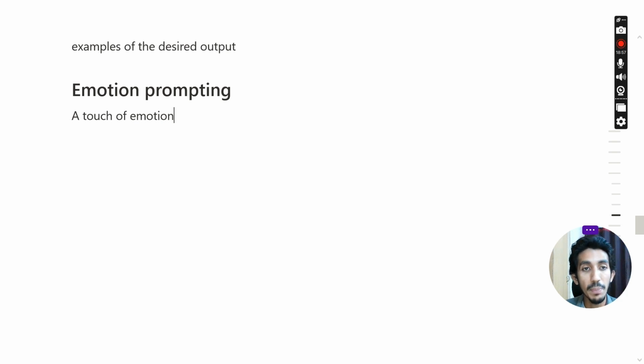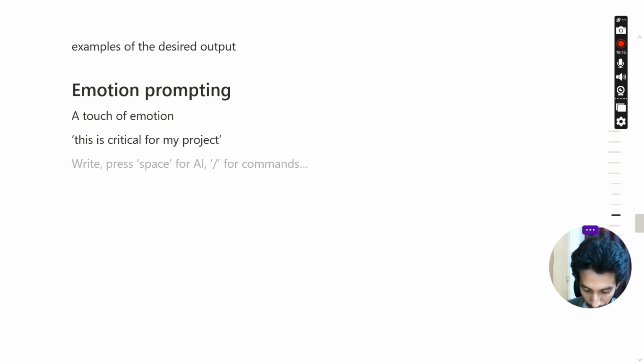So this one may sound wild, but the research is backing it up: adding phrases that actually convey urgency or importance, like saying this is critical for my project, or saying things like your thoroughness is highly appreciated here.